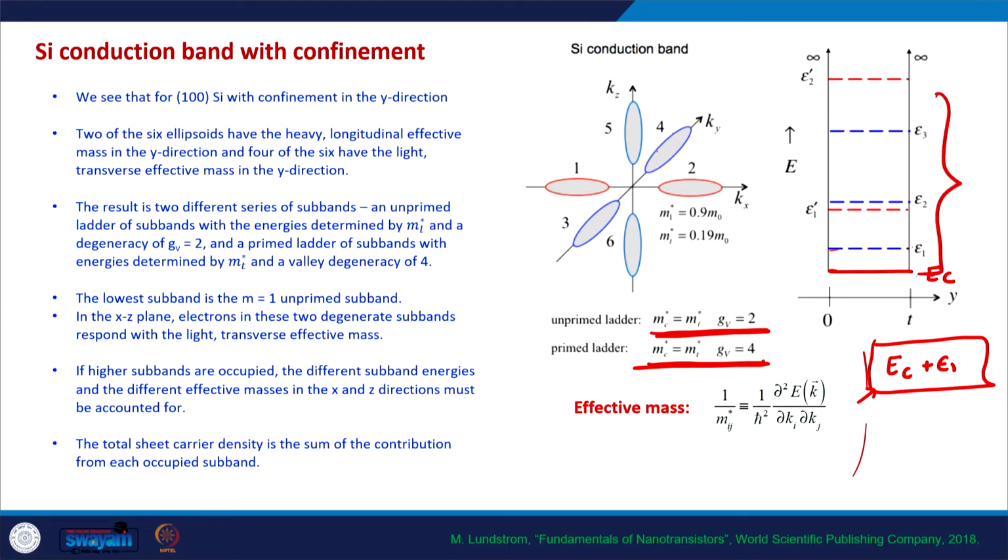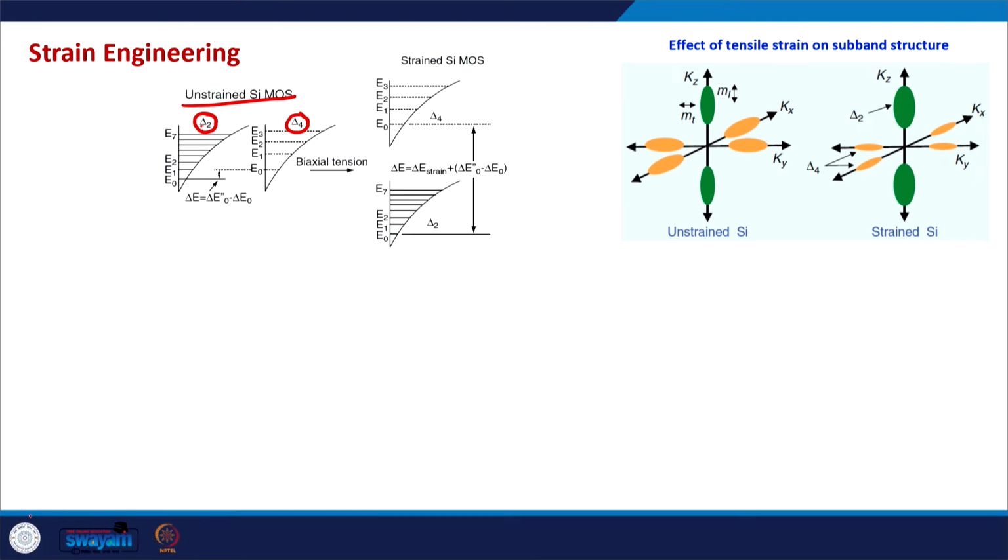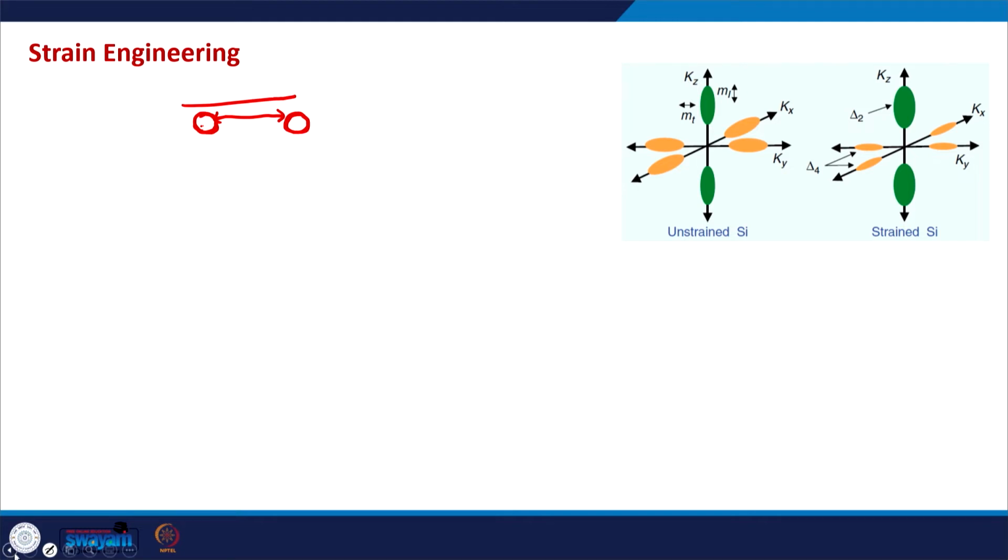These are 2 valleys in the E-k diagram of the silicon. These 2 valleys correspond to the unprimed ladder or the longitudinal effective mass, and the rest 4 valleys correspond to the transverse effective mass. So, because of the quantum confinement, there is a difference in energy between these two, or this degeneracy is lifted, as we have also seen here.